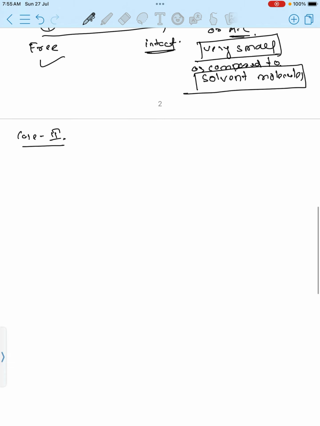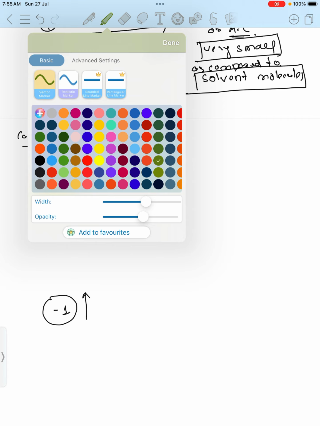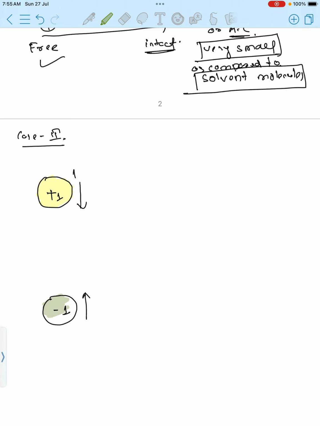So let us take a simple case where a positive ion is approaching a negatively charged ion, or a negative charge ion and a positive charge ion are simultaneously approaching each other. This one has 1 unit of positive charge, and this one has 1 unit of negative charge.